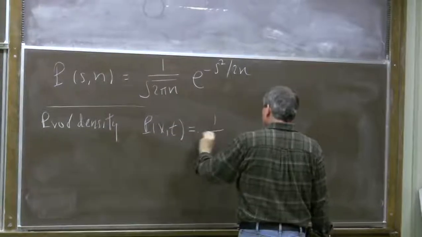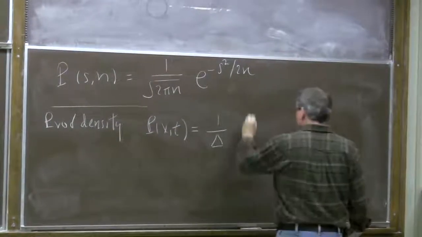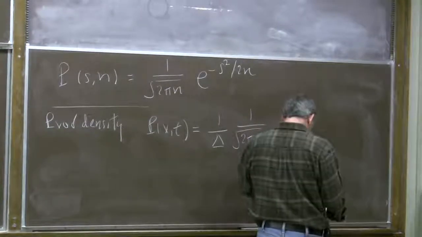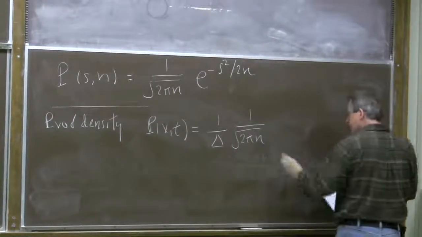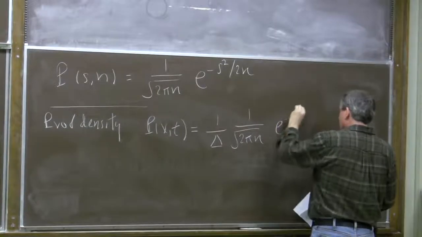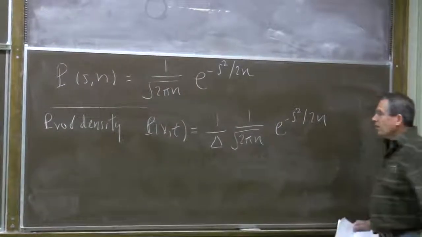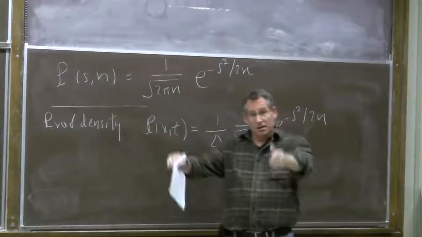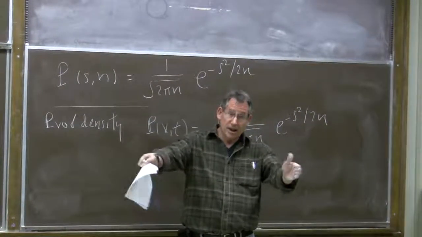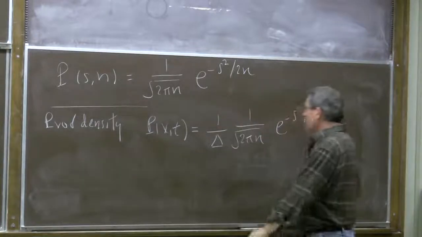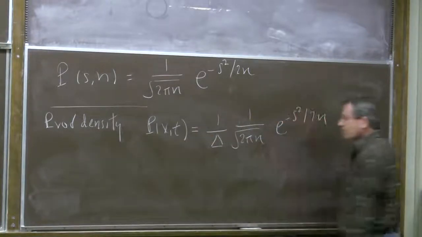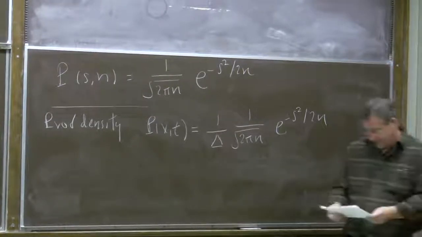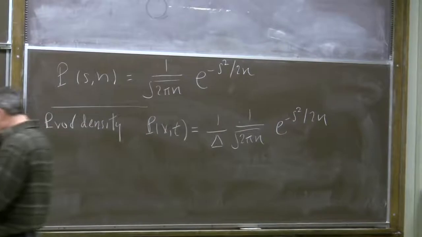I put in a factor of 1 over delta, e to the minus s squared over 2n. 1 over delta, because now it's a probability density, and if I want to know the probability that the particle is found in some interval which has length delta times an integer, I multiply this probability distribution by the length of the interval.